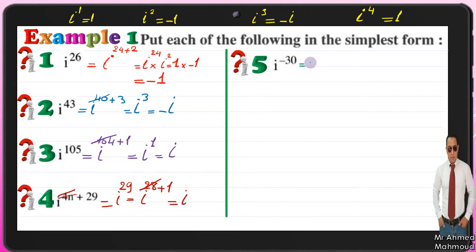So it will be i power of 32 times i power negative 30. How come? i power 32 equals 1, and any number multiplied by 1 doesn't change, so the value doesn't change.